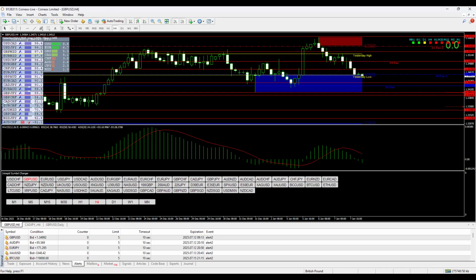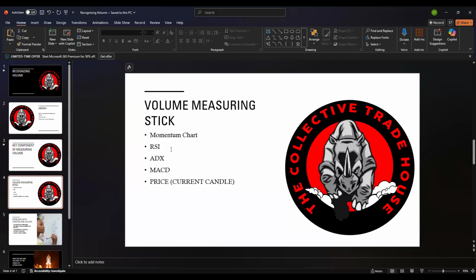So let's go back to our slide for a second. Volume measuring stick. So I have current price, which we're talking about now, but I also have the MACD, the ADX, the RSI, and the momentum chart itself. So Derek, I'm kind of confused. What are we doing?